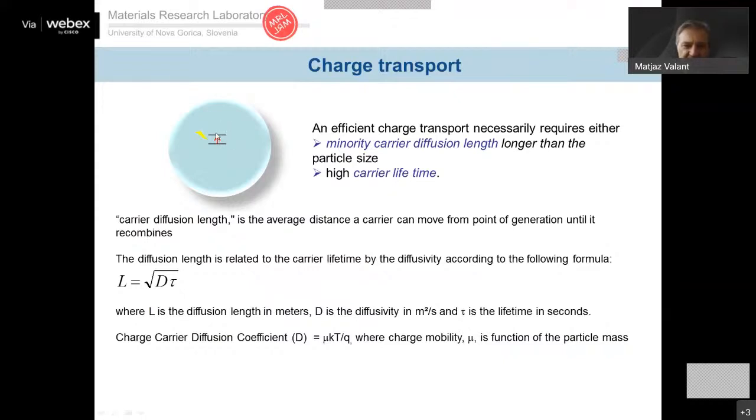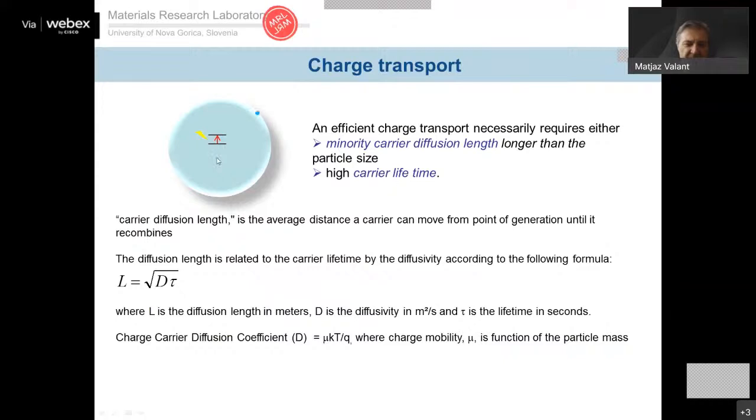So the carriers have some diffusion length, and this diffusion length must be longer than the size of the particles if we want to use them usefully as the active species for chemical reaction and optimize the efficiency of this processing.